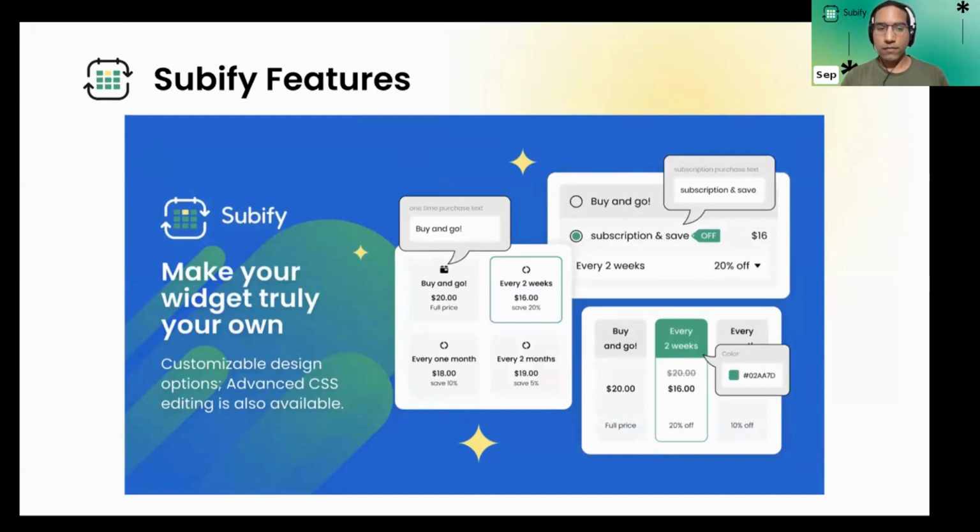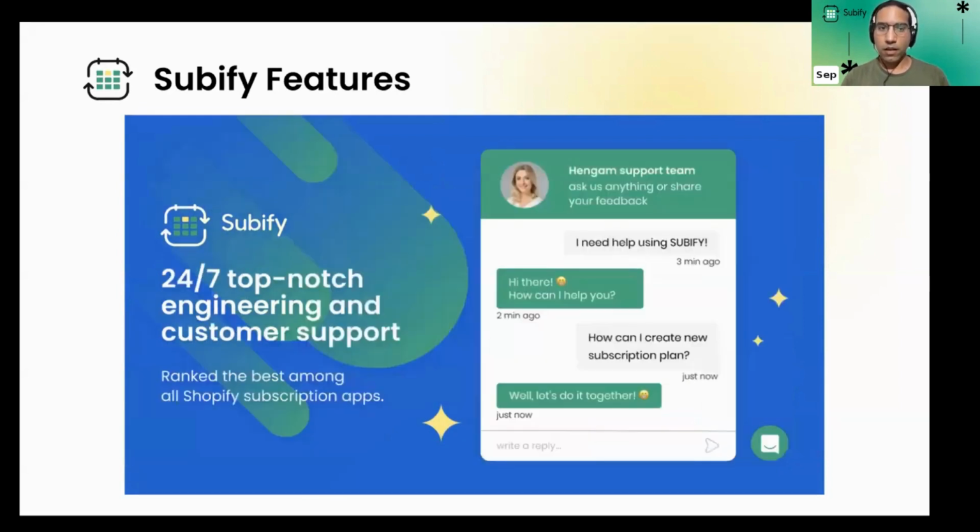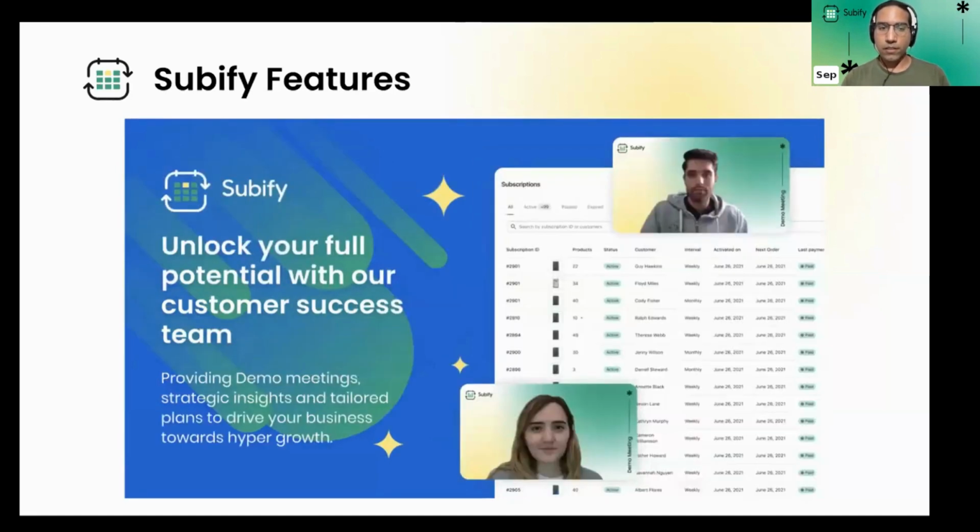And if you do not have that skill, you can rely on our 24/7 top-notch engineering and customer support. We are ranked the best among all Shopify subscription apps when it comes to supporting our merchants, from simple tasks to very complex ones, such as changing the overall page, the product page, or how the widget looks. Everything is done by our customer success team, which we're extremely proud of.